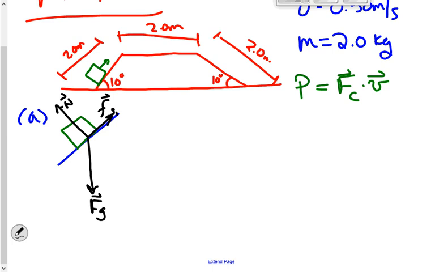Now, remember that over here, I'm taking a dot product. And what does a dot product do? It turns a vector into a scalar, but it does it in a really special way. Okay, so I would have F_C v cosine phi, but I'm trying to avoid that.